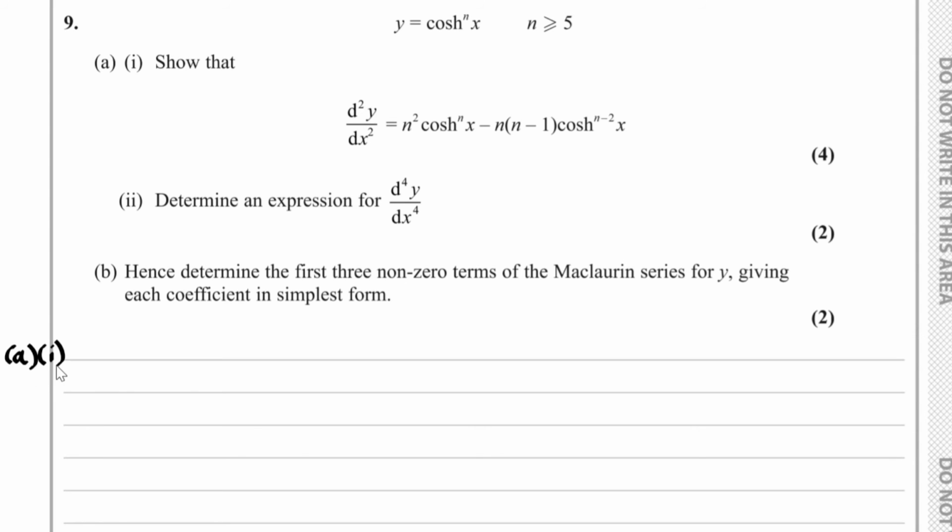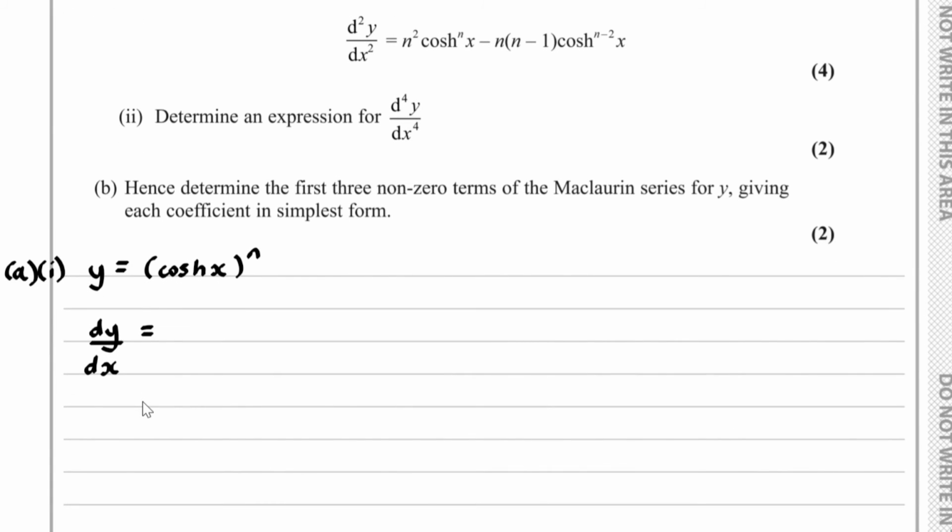for the first part, we begin with y equals cosh x to the n, which I'm going to write as follows. And what we need to do is find out what d squared y over dx squared is. So first thing I need to do is differentiate to find out what dy over dx is, and for this we can use the chain rule.